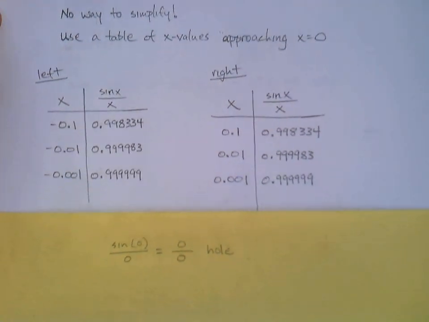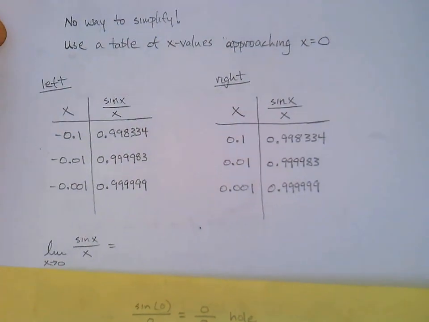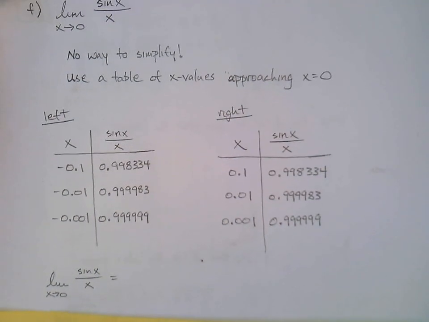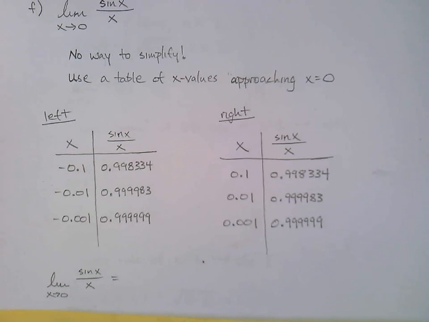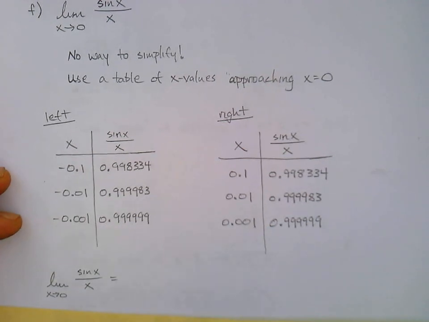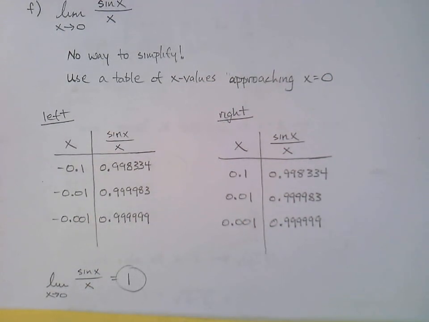And yeah, they do. I think we can say, and this would be better if we were in class, like, hey, what does it seem to be approaching, you guys? Both these numbers seem to be getting closer to 1. And so that turns out to be our answer right there. Using a table this time. So we've got a new approach.